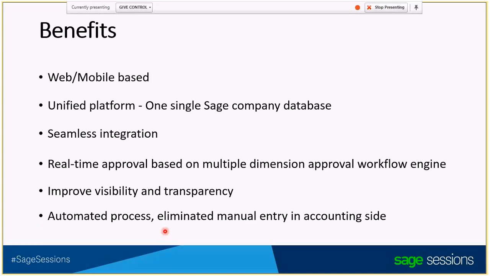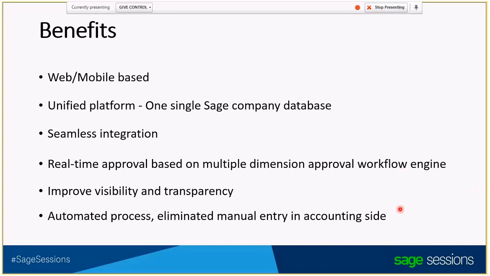And the accounting person only needs to sit in the back office as usual, double check the approved documents and just post them to other Sage modules. So those are some of the benefits that Resource Manager can bring to your customers.